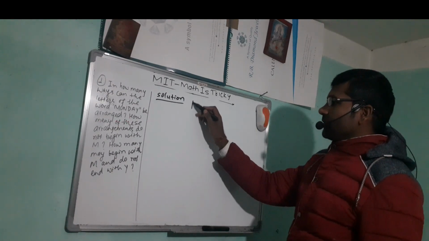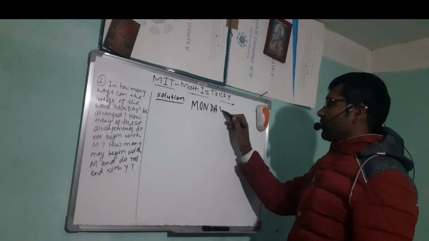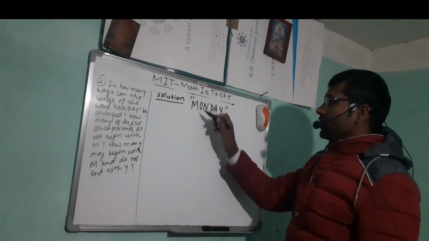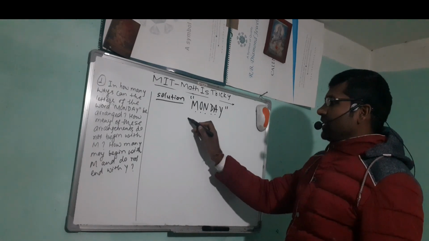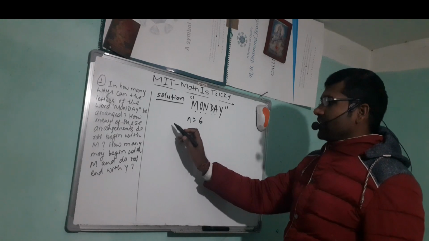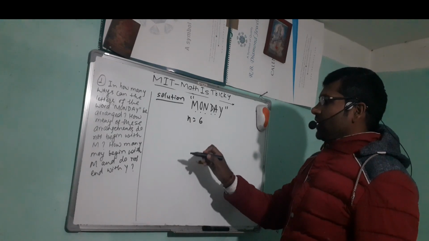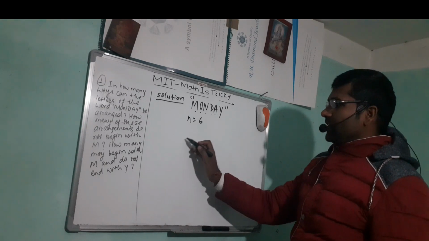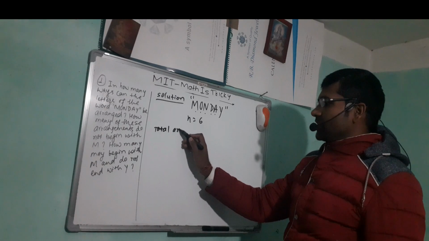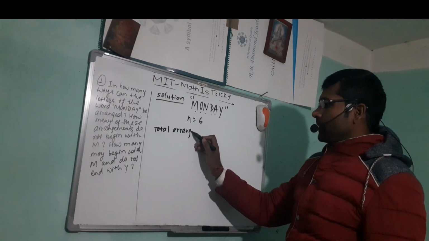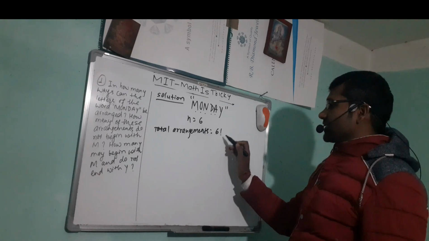So the word is Monday. 1, 2, 3, 4, 5, 6. N equals 6, the number of letters. So they can be arranged in total arrangements equal to simply 6 factorial.